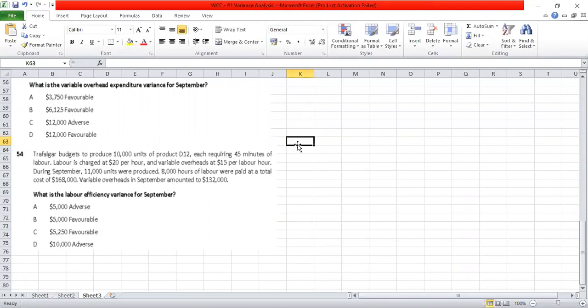Can you help me out with the efficiency variance? Now this is labor efficiency variance.